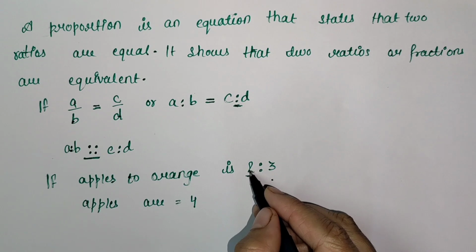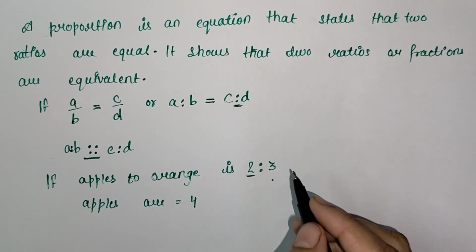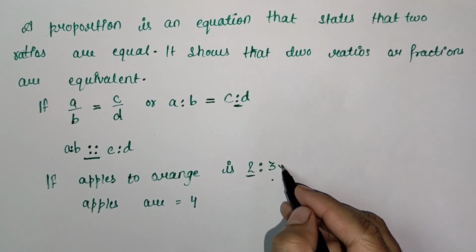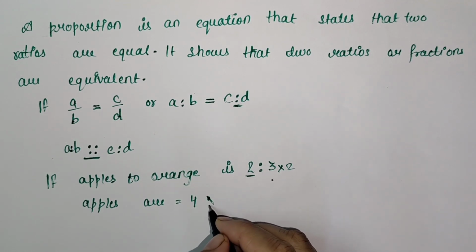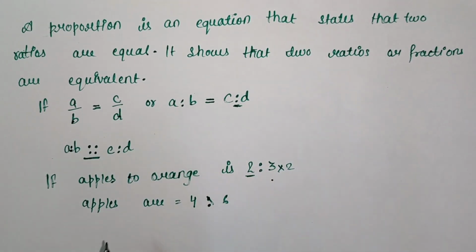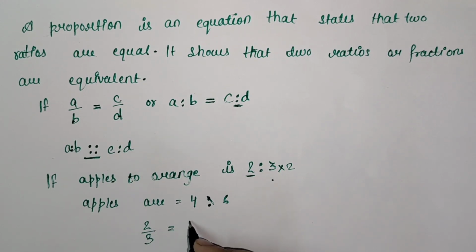Why? Because this is multiplied by 2 and this will also be multiplied by 2, so it will become 6. So the proportion will be like 2 upon 3 equals 4 upon 6. These will be equivalent to each other.